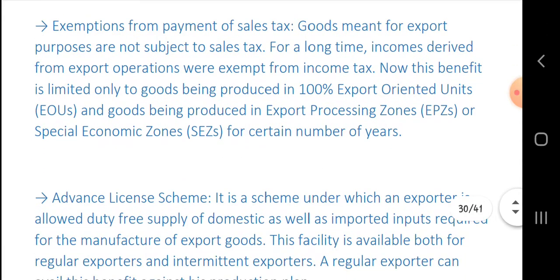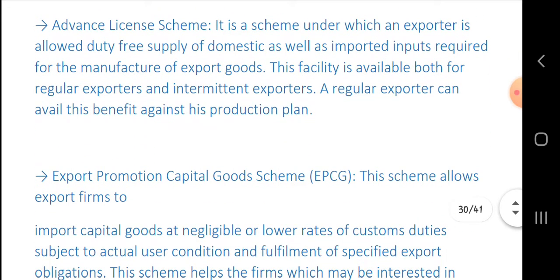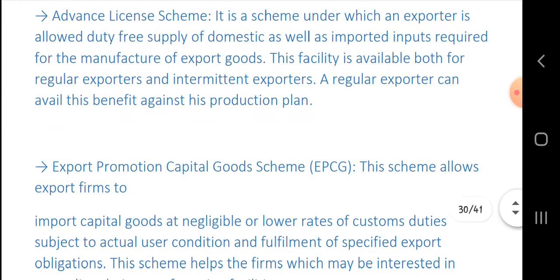Exemption from payment of sales tax: goods meant for export purposes are not subject to sales taxes. Advance license scheme is a scheme under which an exporter is allowed duty-free supply of domestic as well as imported inputs required for the manufacture of export goods.